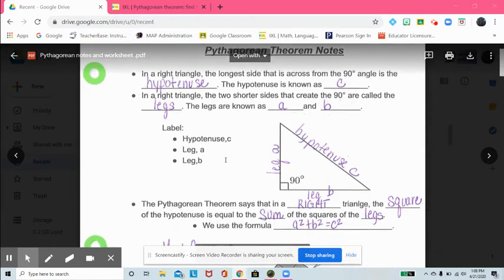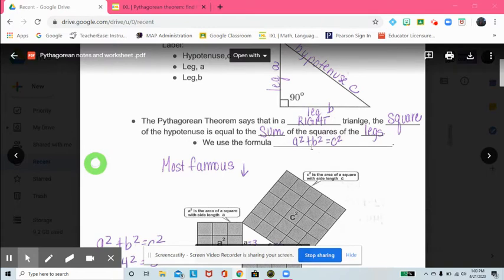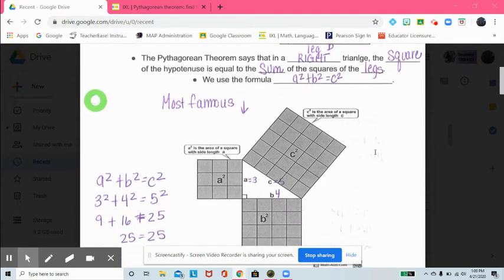Either way is fine. So it says the Pythagorean theorem says that in a right triangle, the square of the hypotenuse is equal to the sum of the squares of the legs. Whoa, that's kind of confusing. So in basic, we use the formula a squared plus b squared equals c squared. Right down here, I put a picture.